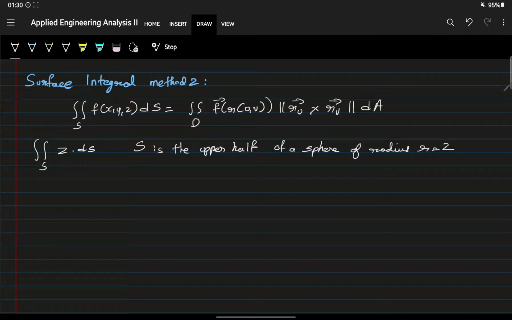So when we are using the parametric form, unlike method one, we can solve the surface integral by using the formula.